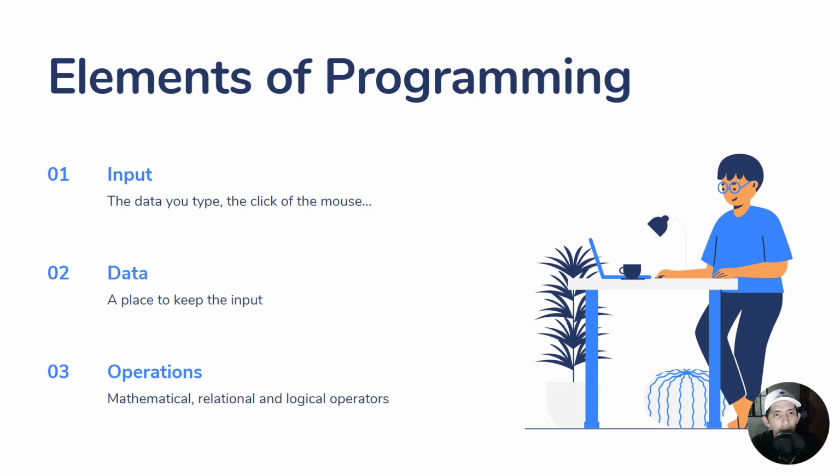So, number one, the first element ng programming is yung tinatawag natin na input. Wherein these are the data that you type na kinlik ng isang mouse, okay, na naging input sa isang sensor, for example. Okay. So, yun yung mga tinatawag natin na input.